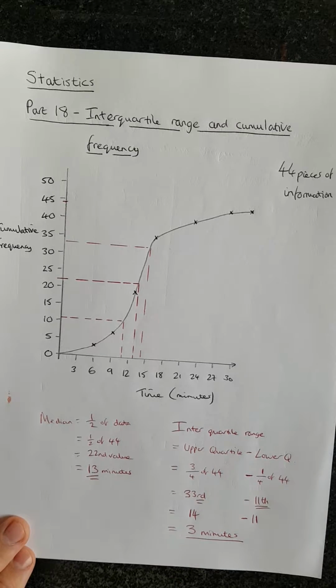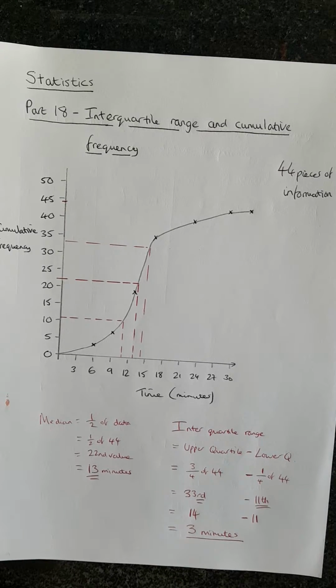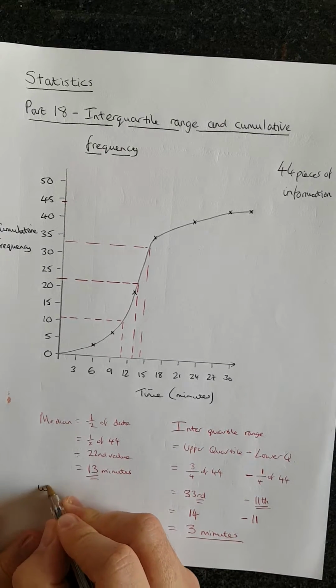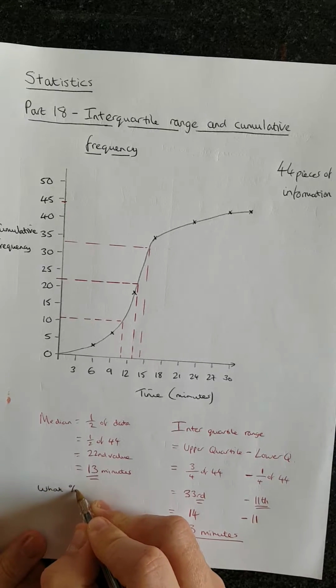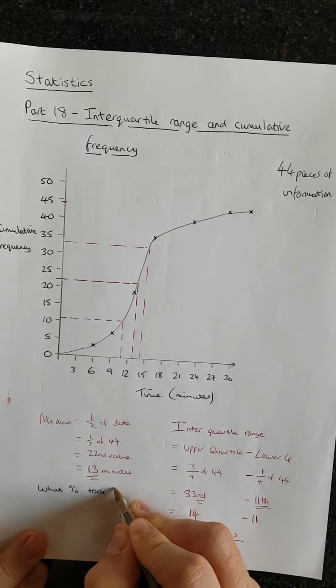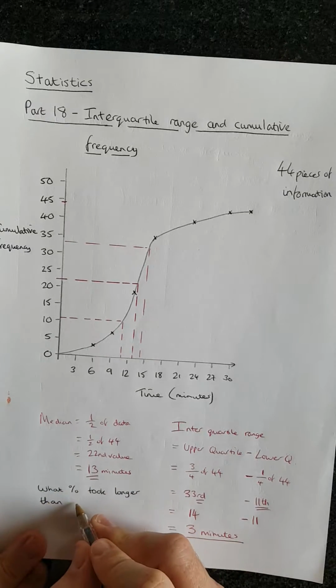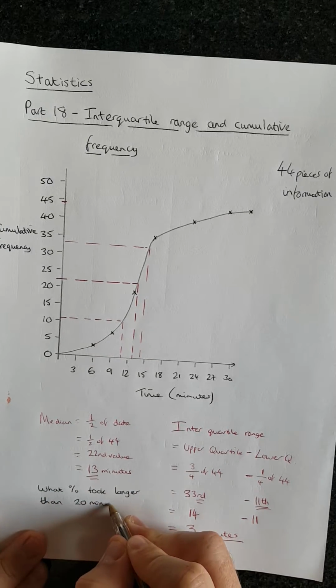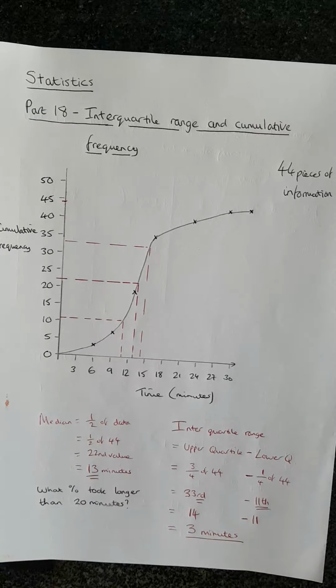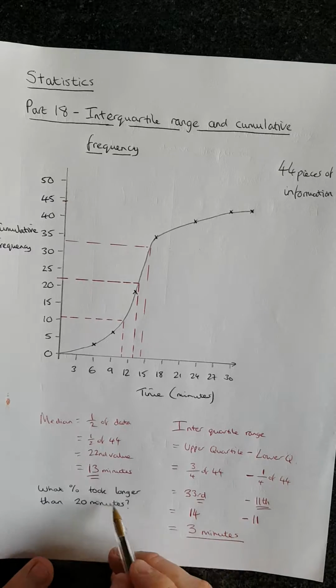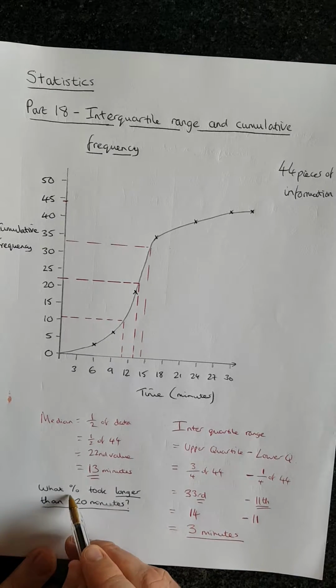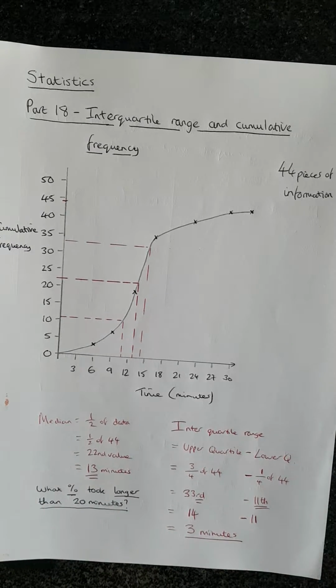Okay? Now, here's another typical question you may get. What percentage took longer than 20 minutes? So there's 2 steps to this. There's longer than 20 minutes, and then there's finding the percentage.